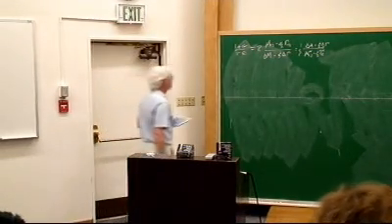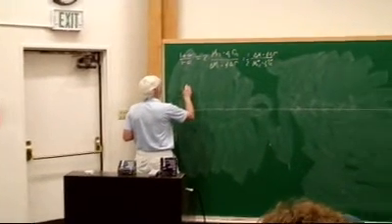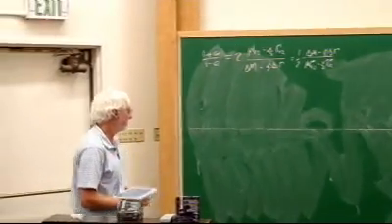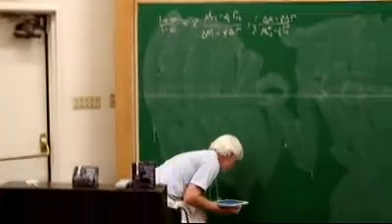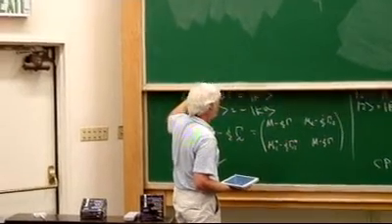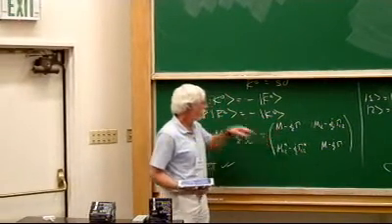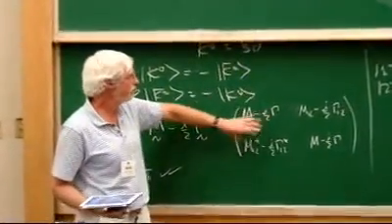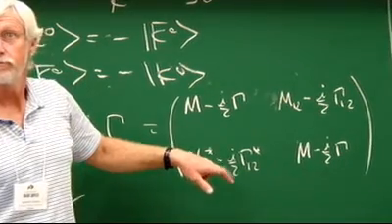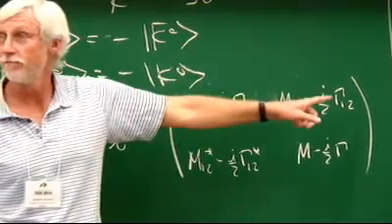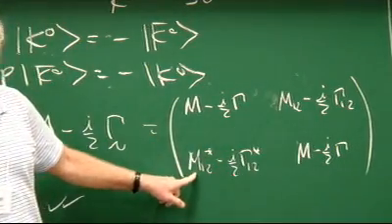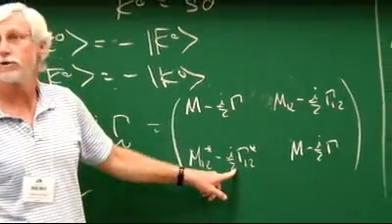And notice that, oh, one thing I forgot to say. This matrix. You can check that CP basically exchanges these guys, right? Because it exchanges K0 with K0 bar. So CP is a good symmetry if M12 is equal to M12 star and gamma 12 is equal to gamma 12 star.